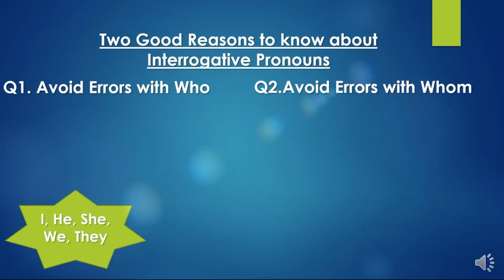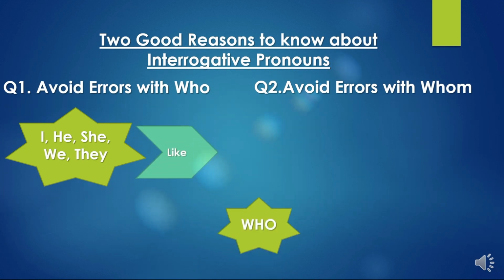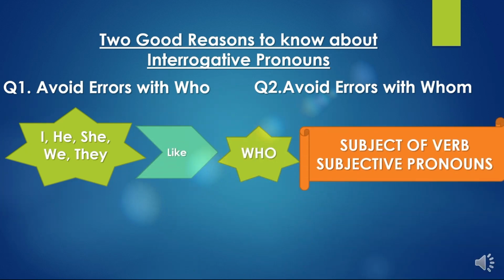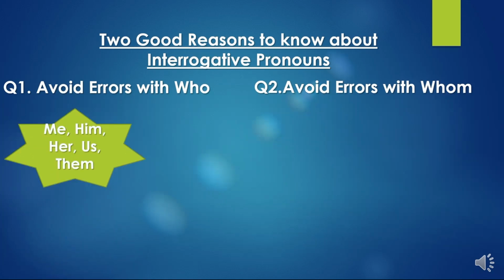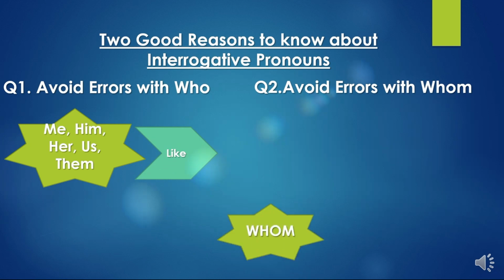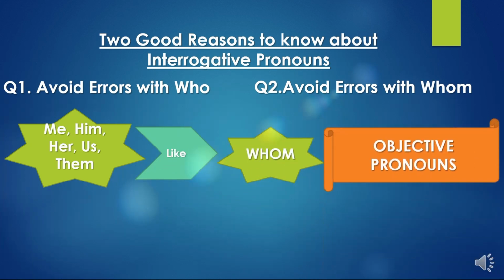I, he, she, we, and they are just like who, because they are also used as the subject of a verb. They are also called subjective pronouns, while me, him, her, us, and them are just like whom, because they are not used as the subject of a verb, so they are called objective pronouns.